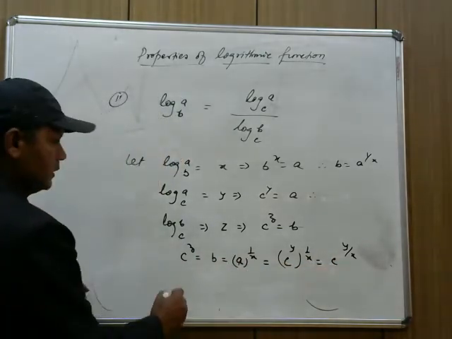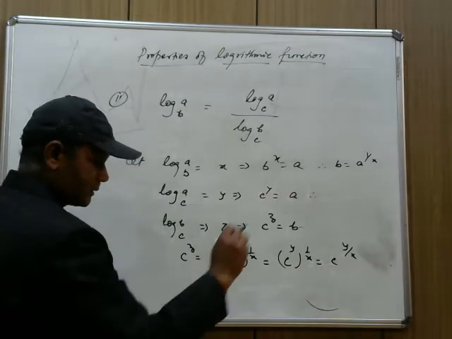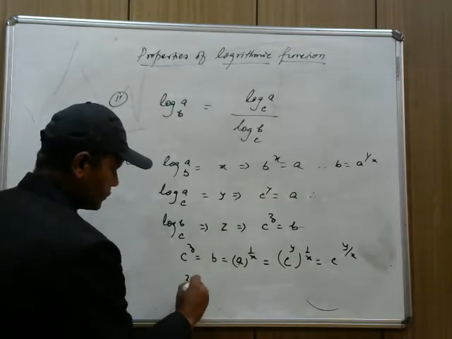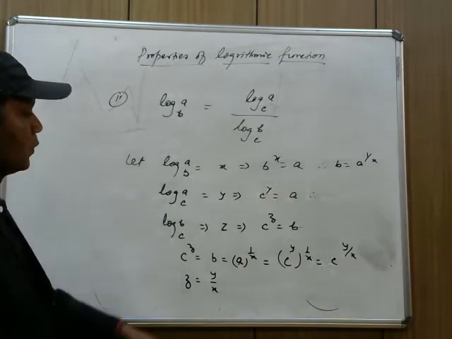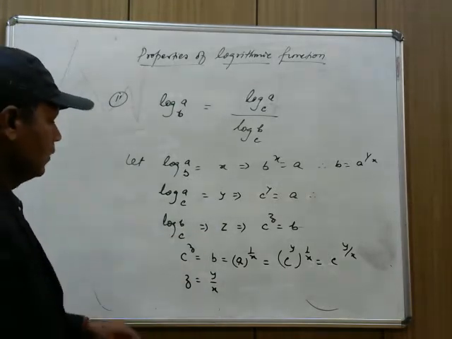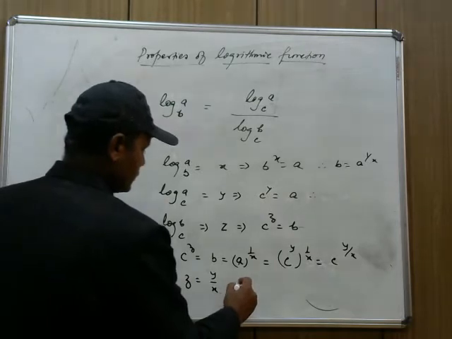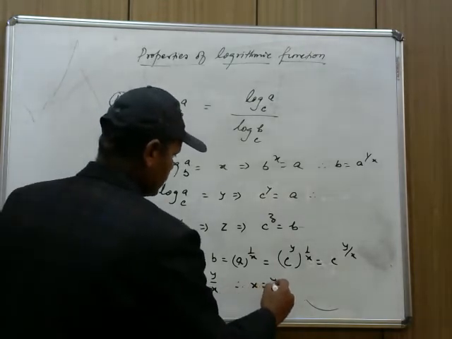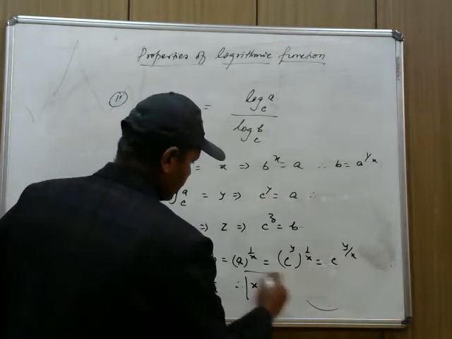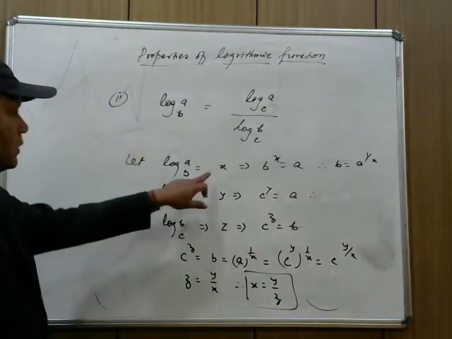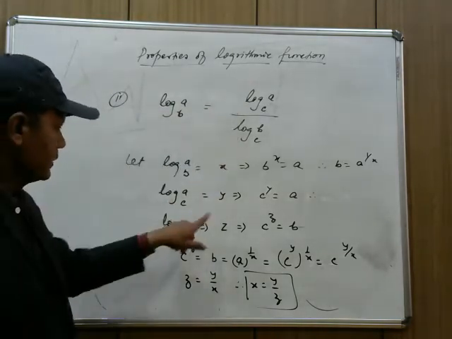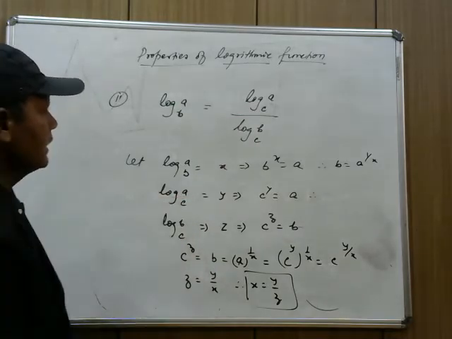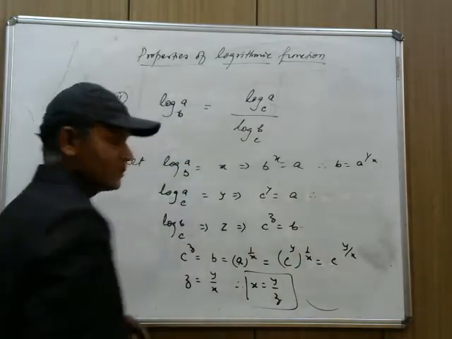It means what? By equating the exponents, what am I getting now? z is equal to y by x. Or I can write x is equal to y by z. Now see the value. This was x, this was y, this was z. Therefore x is equal to y by z, and hence it is proved.